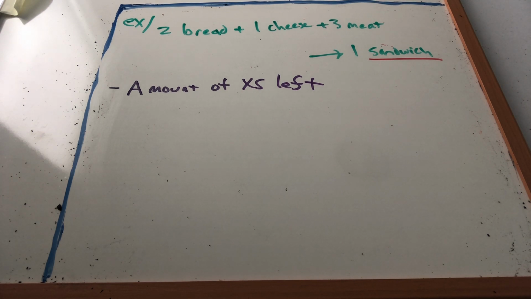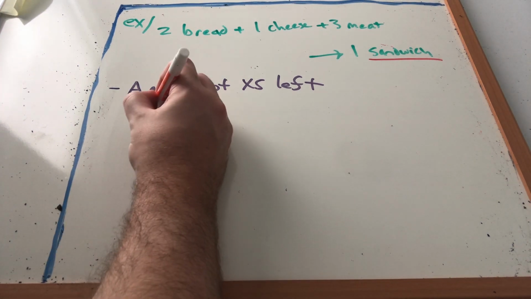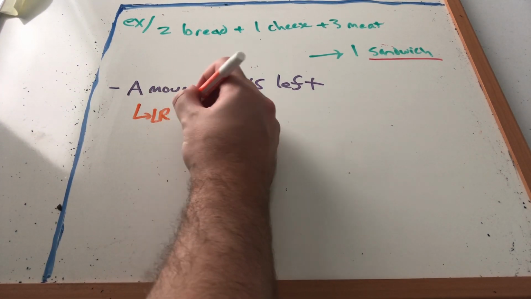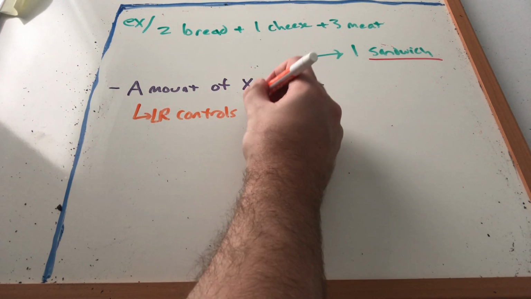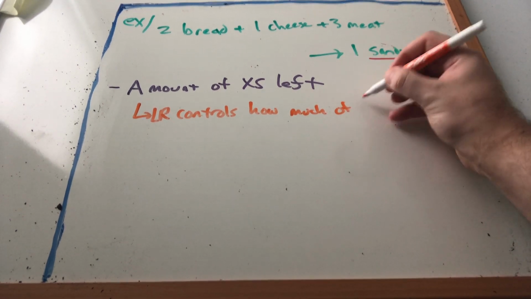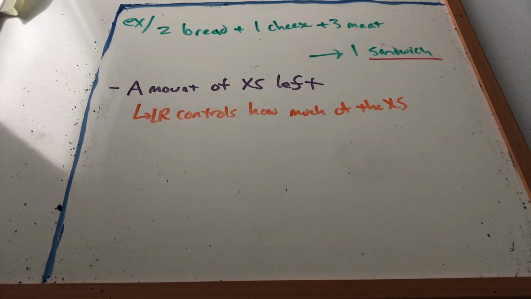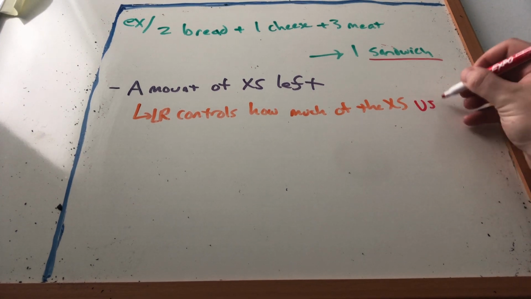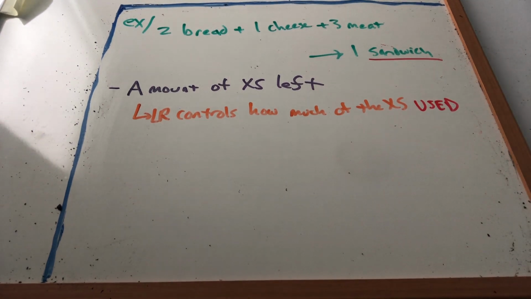And we realize that the limiting reactant controls everything. The limiting reactant controls how much of the excess reactants are used. And this is a very important idea. I can convert from limiting reactant information to excess information. And when I do that, that's how much was used.